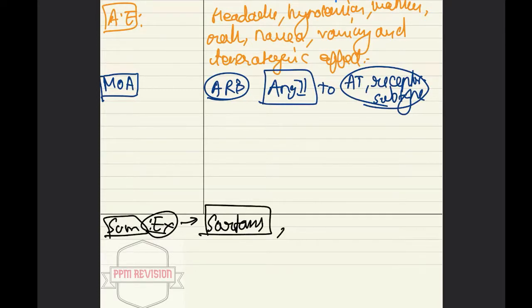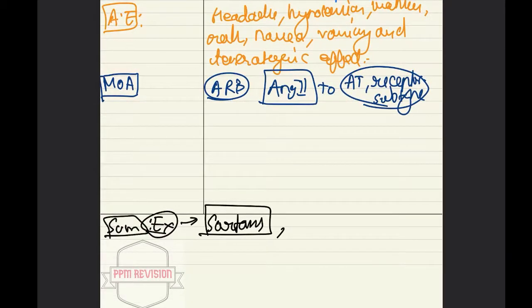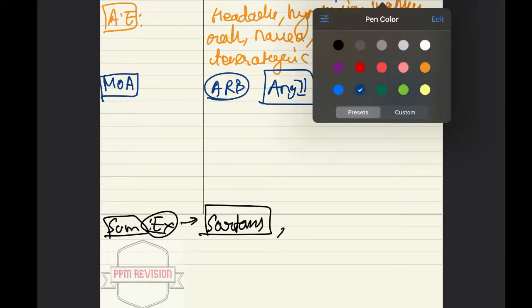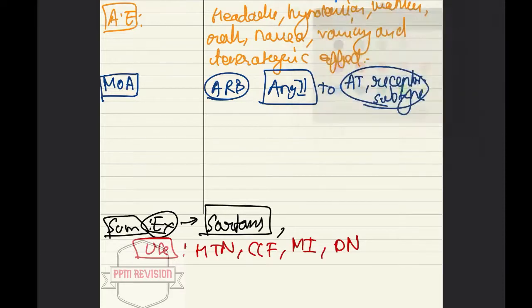Moving ahead, we have also seen the uses. I'll be writing the entire list because it is important. Use. Hopefully we can recollect. It is hypertension, congestive cardiac failure, myocardial infarction, diabetic nephropathy. So these are important.